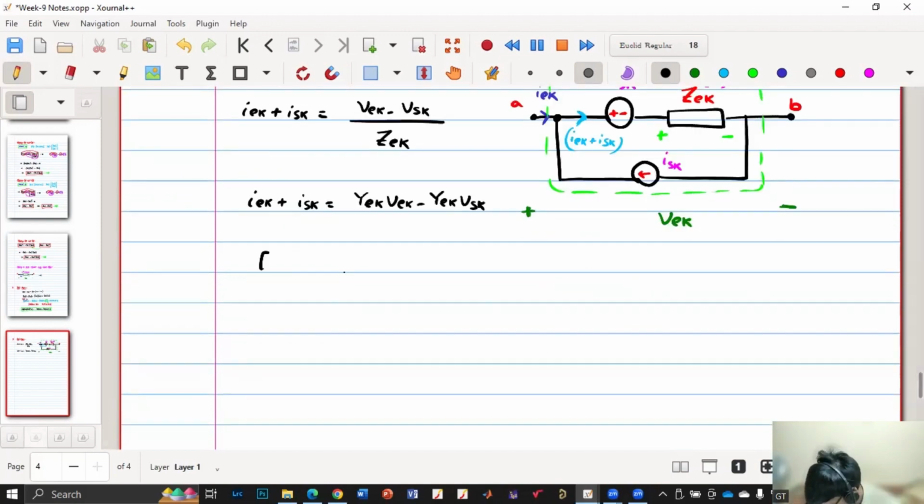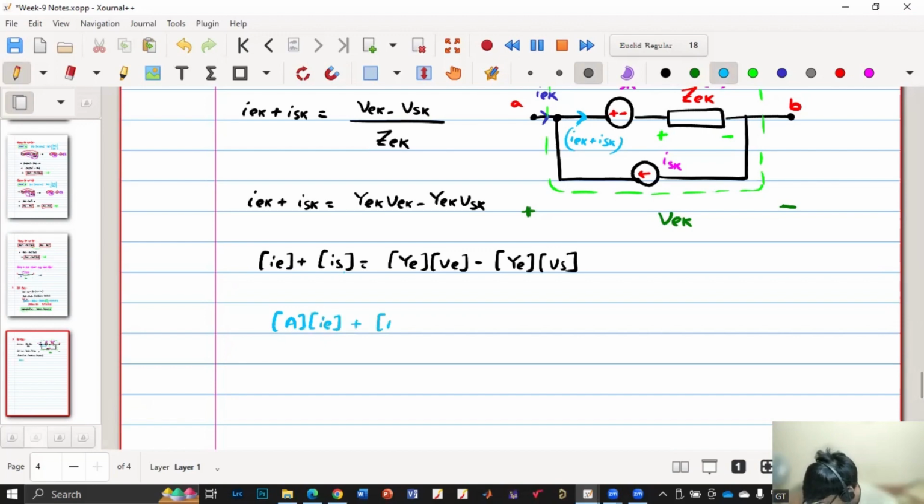So if I do it for the entire circuit, I'll get IE plus IS is equal to YE into VE minus YE into Vs. Now I'll multiply with A matrix on both sides. So we have A into IE plus A into Is is equal to A into YE into VE minus A multiplied by YE multiplied by Vs.